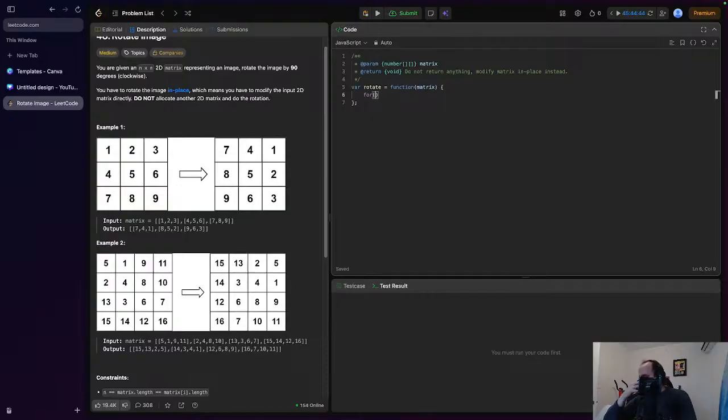I think we gotta do for const layer equals 0, layer is less than n divided by 2, layer plus plus.